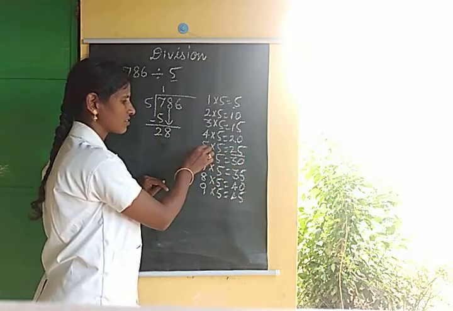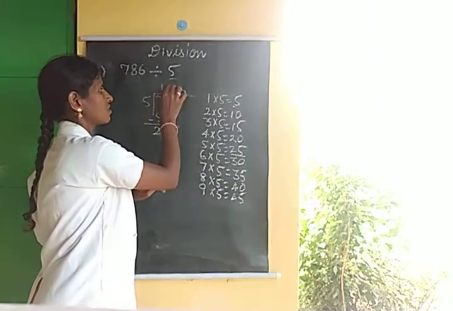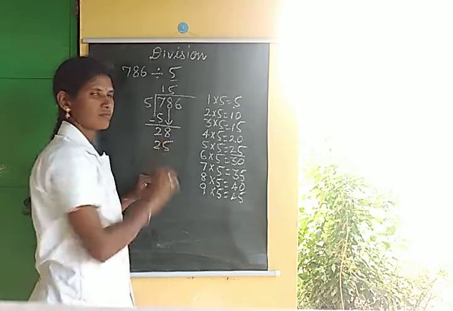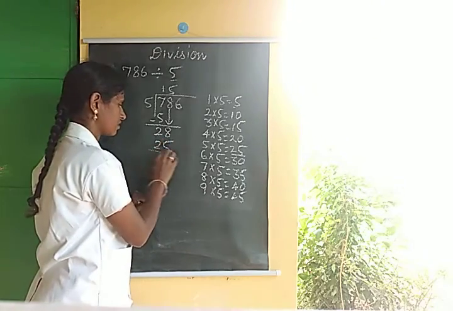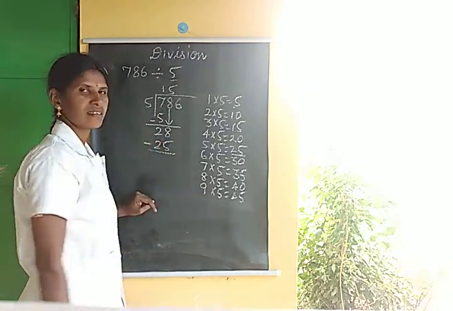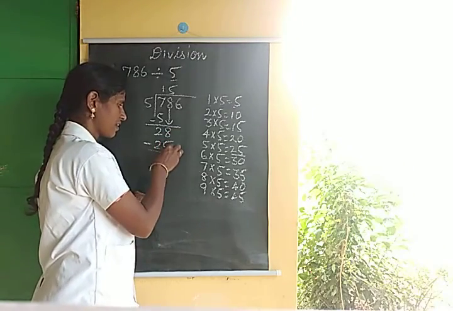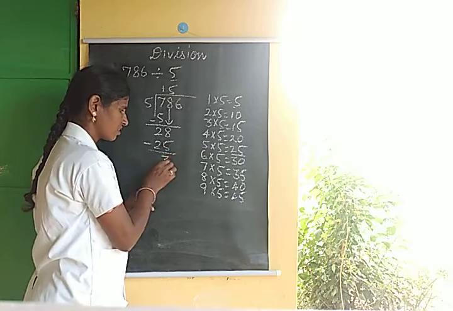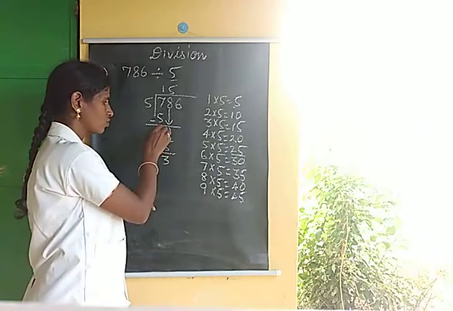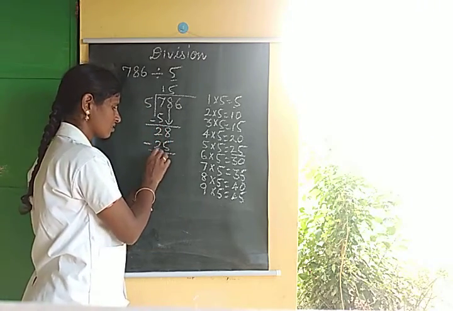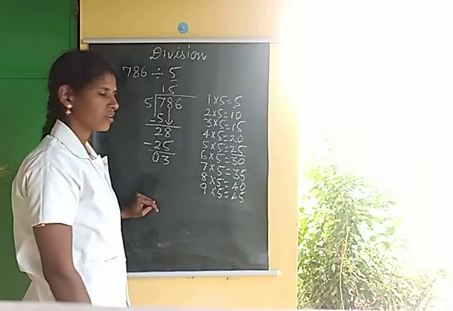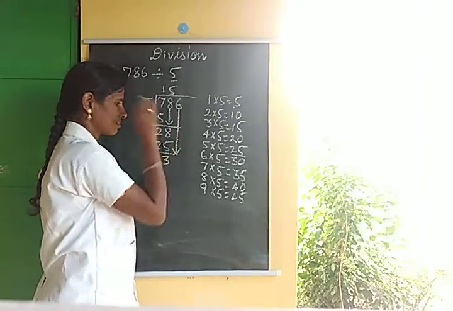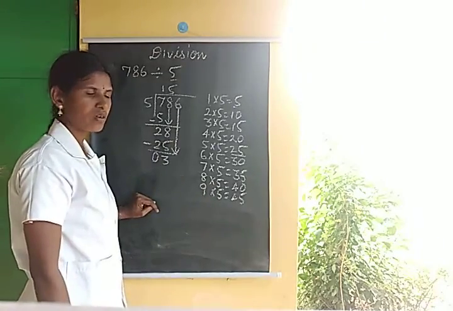So how many times? 5 times. So 5 5s are 25. Subtract. 8 minus 5, what is the answer? 3. 2 minus 2? 0. Then take down 6.